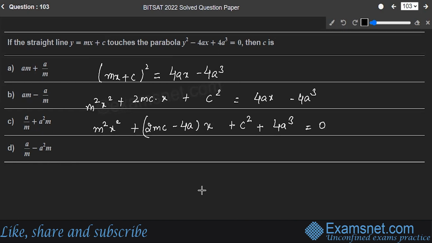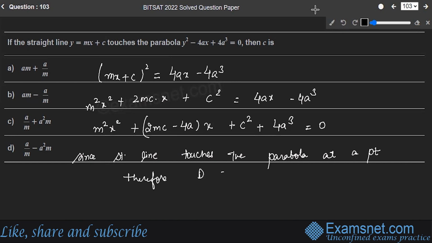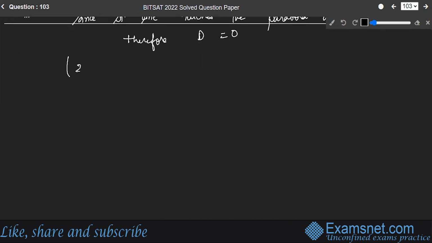Now, since the straight line touches the parabola at a point, therefore the discriminant is equal to 0. What is the discriminant over here? This is 2mc minus 4a whole square minus 4m square into c square plus 4a cube is equal to 0.